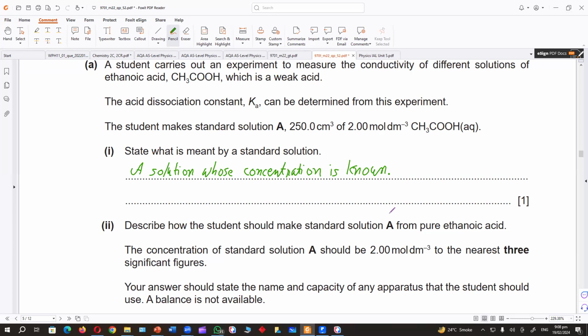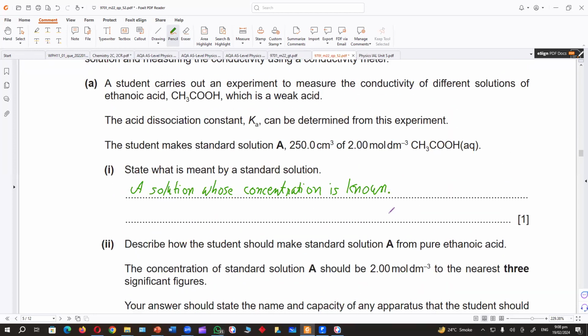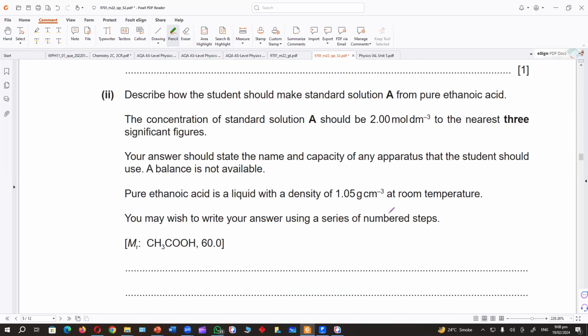If we want a high concentration of 2 mol per dm³ solution, the volume should be 250. So I was thinking we can find the moles here, and we should see that in a sample, in a beaker, he needs the concentration to be 2 mol per dm³ to 3 sig fig. Density is given. I was thinking density is equal to mass upon volume.